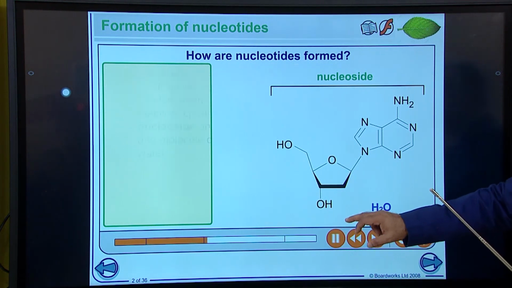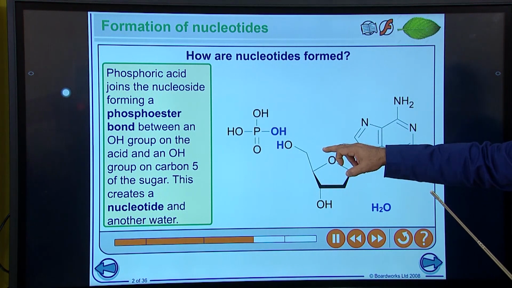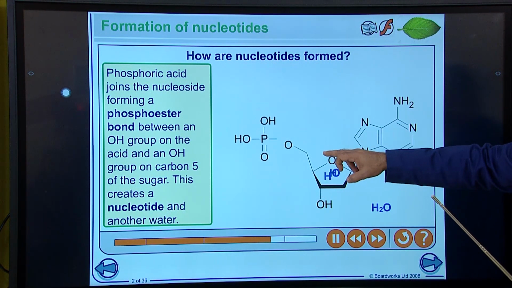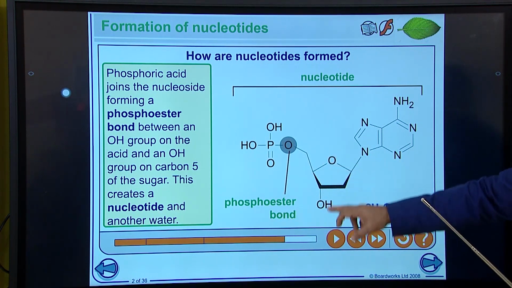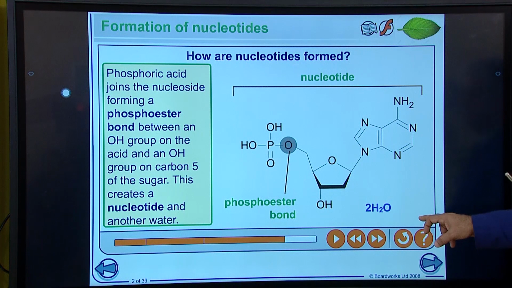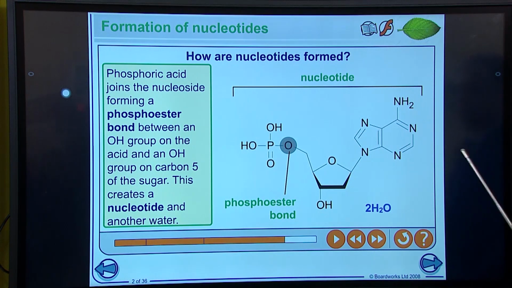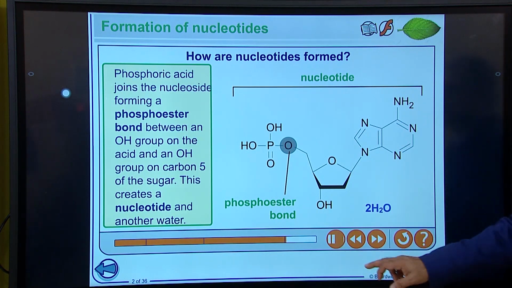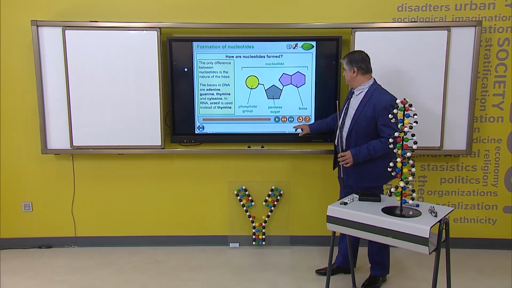And then, when a phosphate combines, forming an ester bond, another water is released. And therefore, two water molecules have been released. Okay, and this forms the nucleotide on the whole.